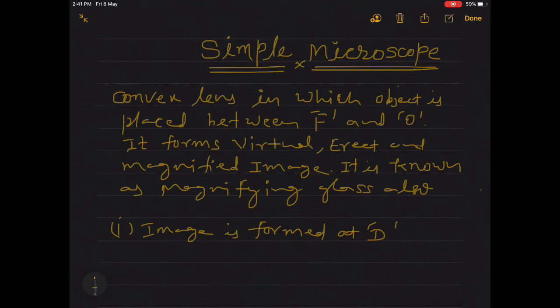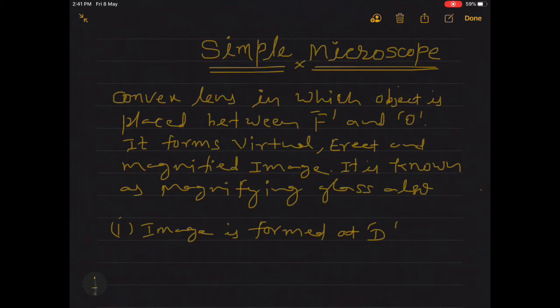I have shared some text here. You can see a simple microscope is a convex lens in which object is placed between focus and optical center. And as we know, if object is placed between focus and optical center of convex lens, it forms a virtual, erect and magnified image.